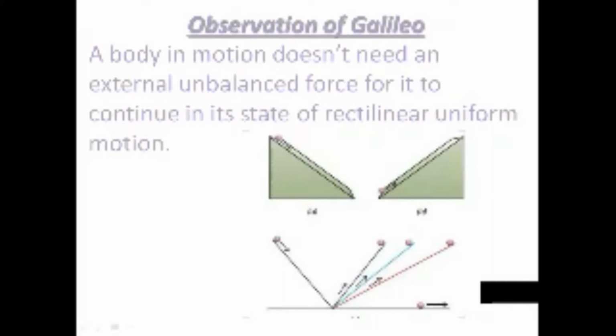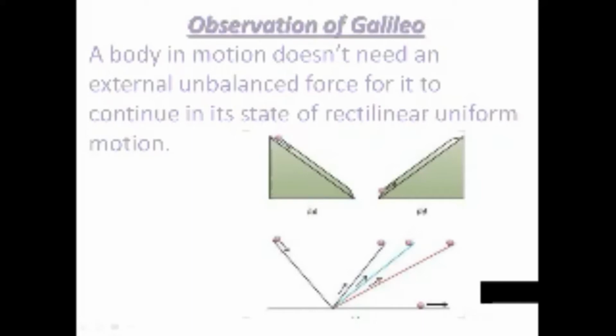So there is no need of a force for sliding over the second slider. That is what Galileo is saying: a body in motion doesn't need an external unbalanced force to continue its state of rectilinear uniform motion, because the body is moving from one slider to another. There is no external force when it goes to the second slider.